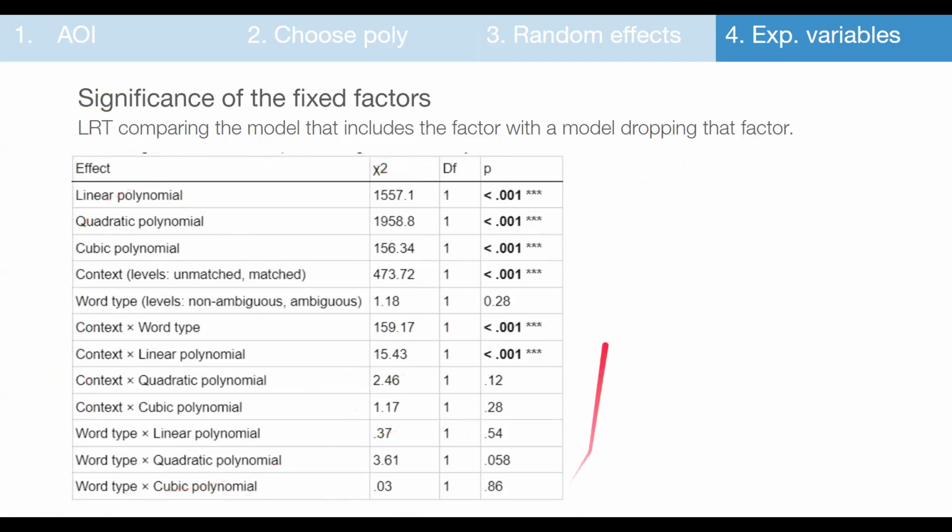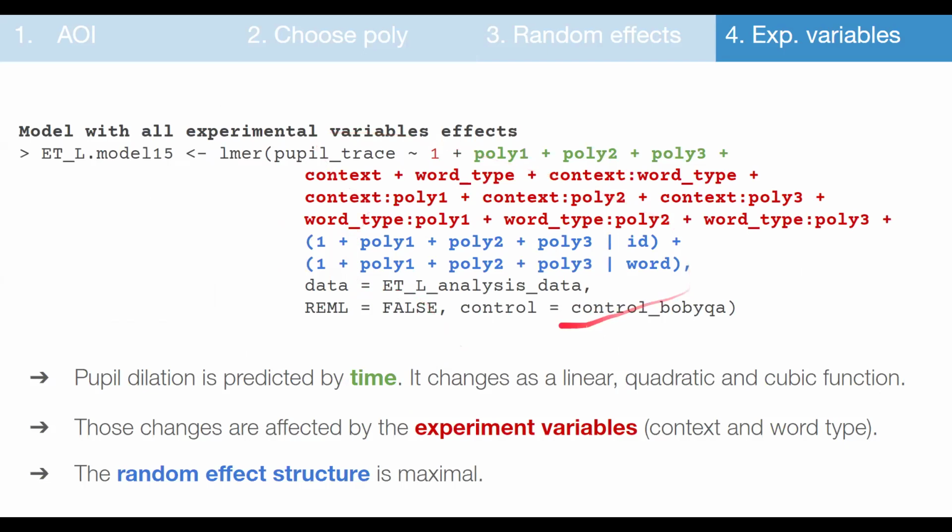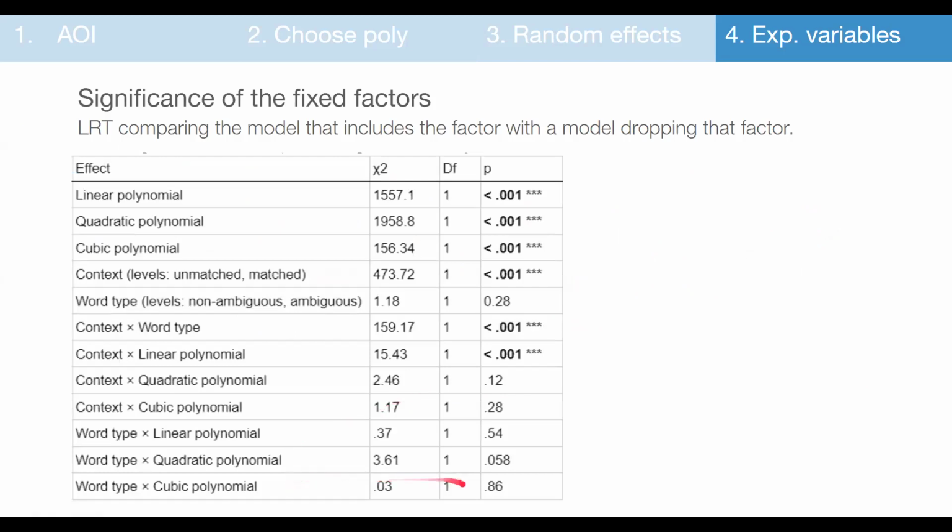This is not a table that R just gives you, but this is a table that you construct that basically has the values of each of the models that compare this model with the model, for example, dropping this interaction. So this would be in the table, and we will have the p-values, degrees of freedom, and the chi-squares. So let's see what this means.